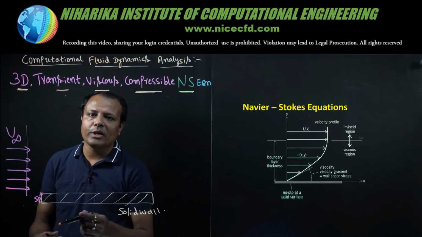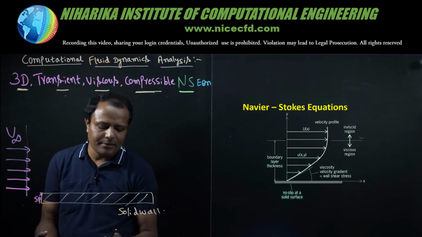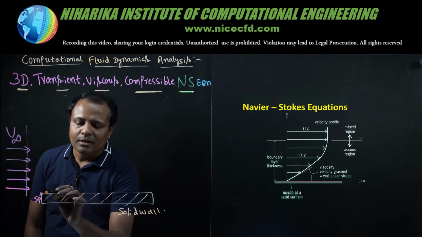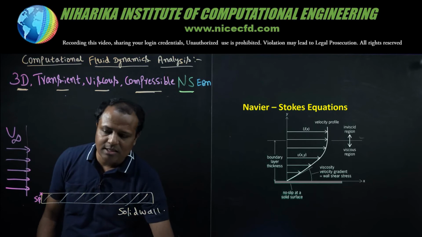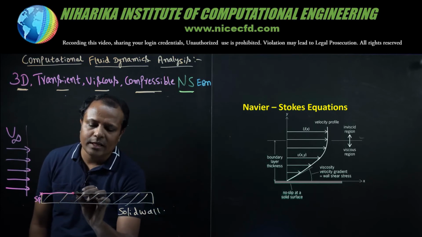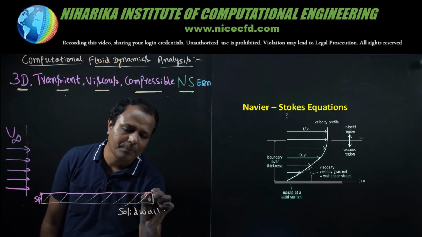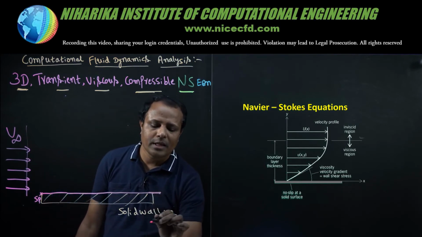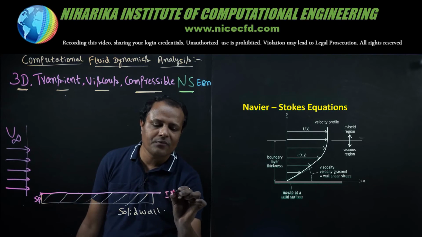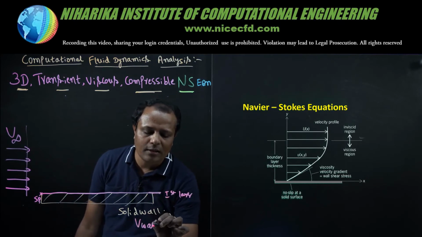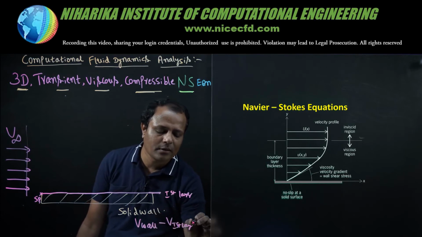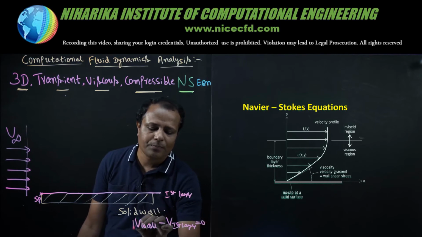What will happen? Fluid will flow layer by layer. Because of the presence of viscosity, the first fluid layer will get permanently adhered to the wall. And its relative velocity, that means V wall minus V first layer fluid, is 0.